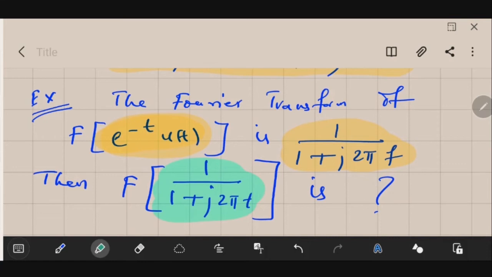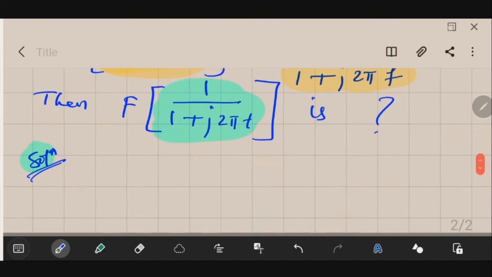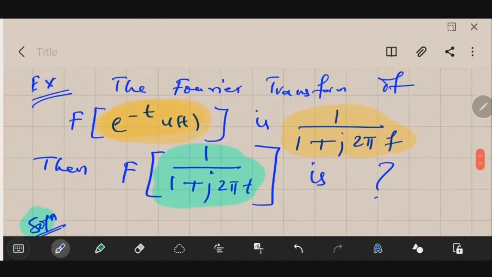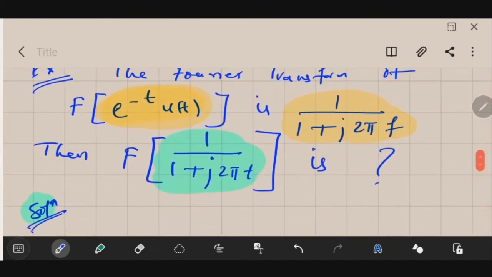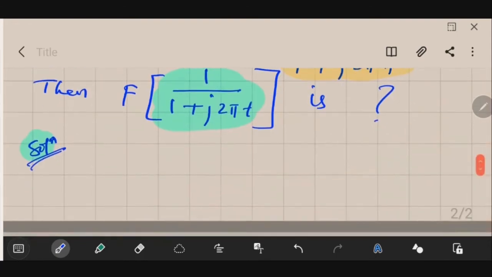This could be done simply by using the duality or symmetry property. You have to understand the property. In this expression, the solution is in the form of f and not in the form of omega. That is the first thing you should mark. Then you could use the property.